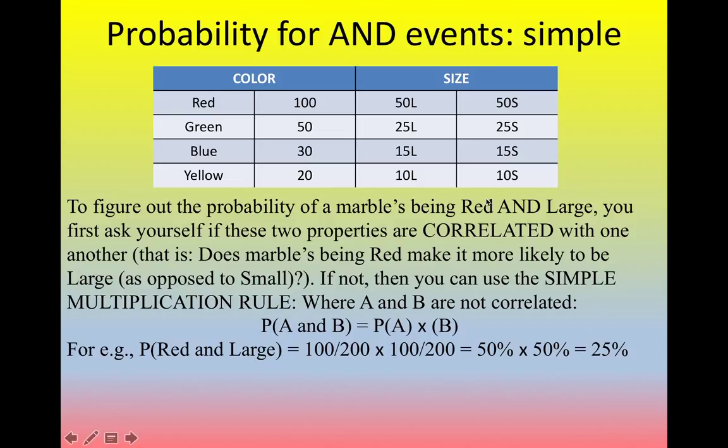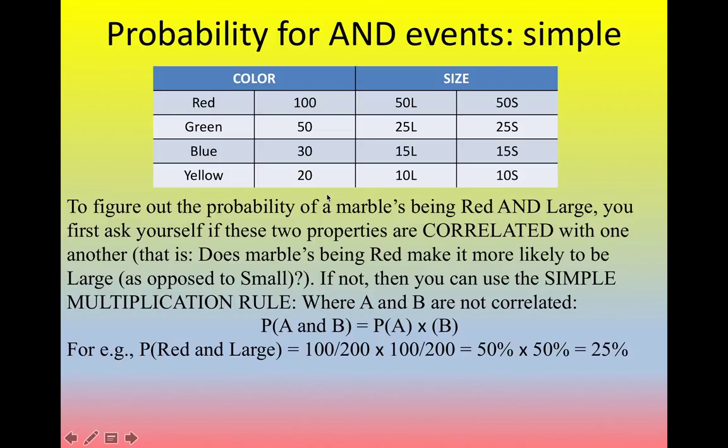Notice here that 50% of the red marbles are large: 50 out of 100 red marbles are large, 50 out of 100 are small. Also 50% of the green marbles are large and 50% are small. 50% of the blue marbles are large, 50% are small, and again 50-50 for large and small among the yellows.